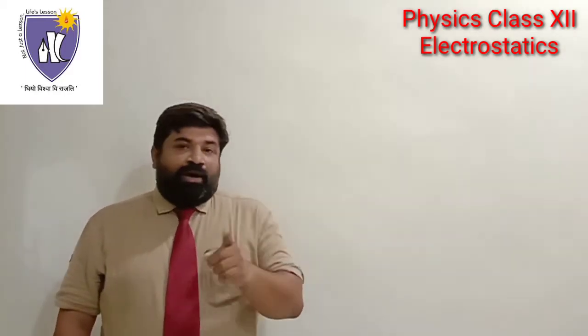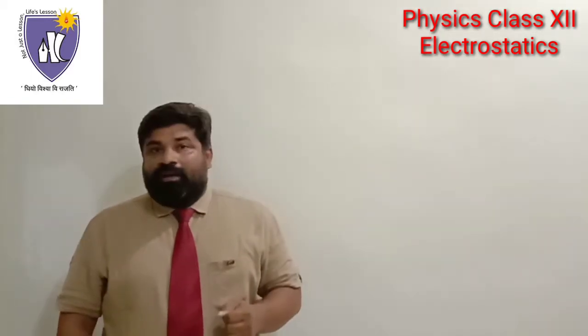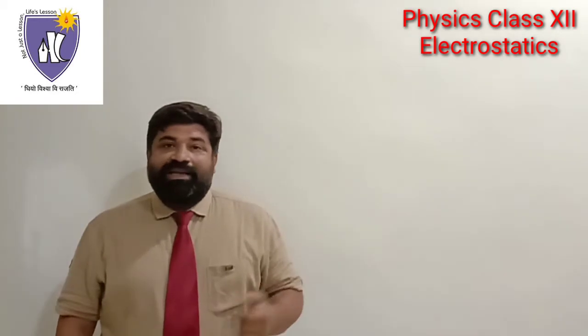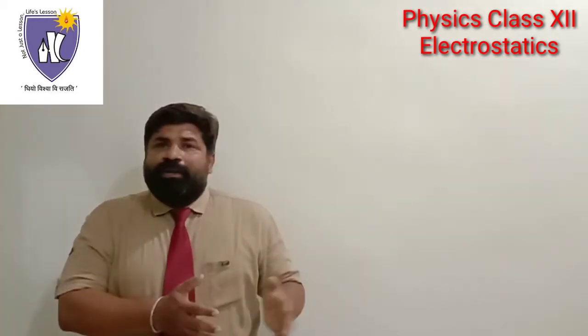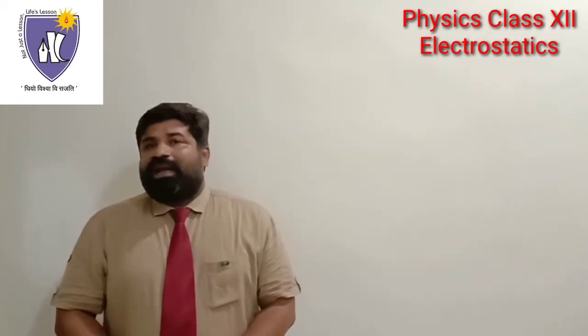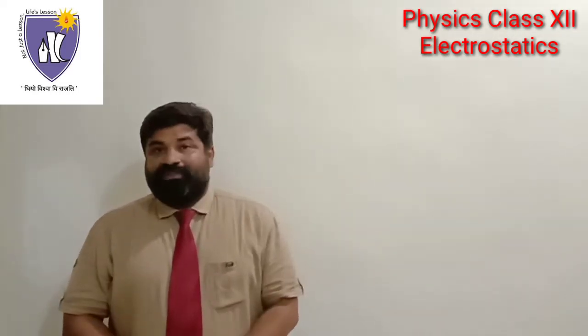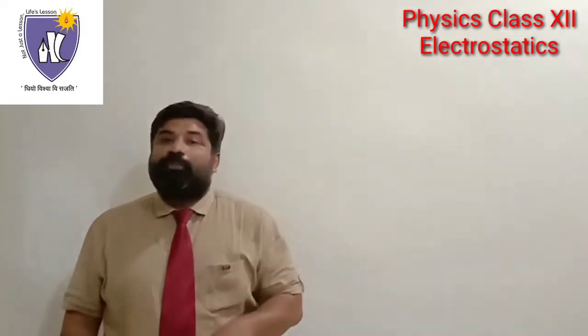Fine. So on the macroscopic level, we can use this property, quantization, but at the microscopic level it is very difficult to calculate the total charge, because we don't actually know the number of charges. That doesn't mean we cannot calculate the charge on a body.